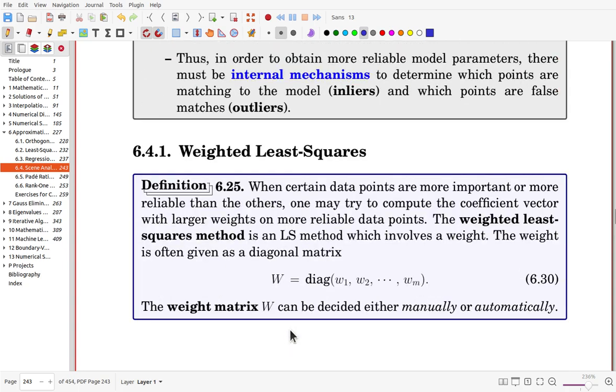Let's see weighted least squares. We may try to use a least squares method, but now for noise points, rather than discarding those points, you may try to give them smaller weights. If you see that certain points are reliable, then you can give a large weight. And for other noise points, rather than discarding them, you may give a small weight.